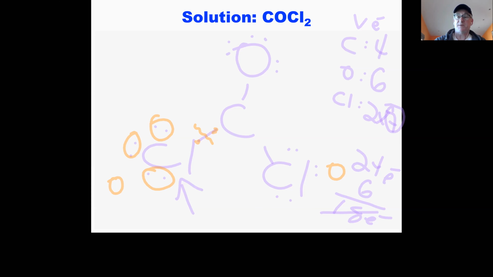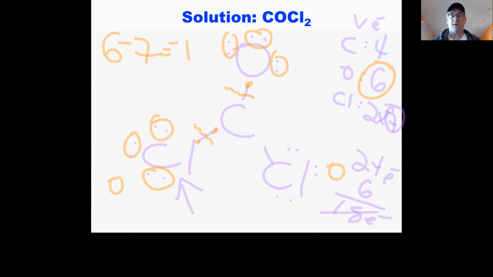Oxygen is in group 6, so it's supposed to have 6 valence electrons. It actually has 7 here. It's got 2, 4, 6, and 1 from the bond, because it looks like the chlorines. When we break the bond in half, that's 7. So its charge is -1. Uh-oh.